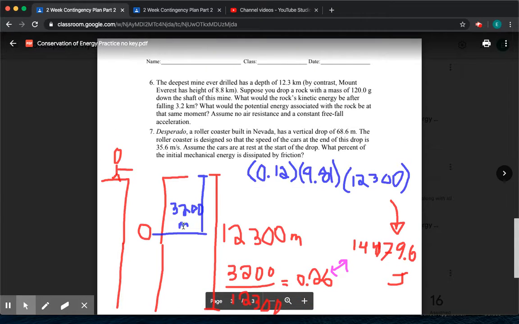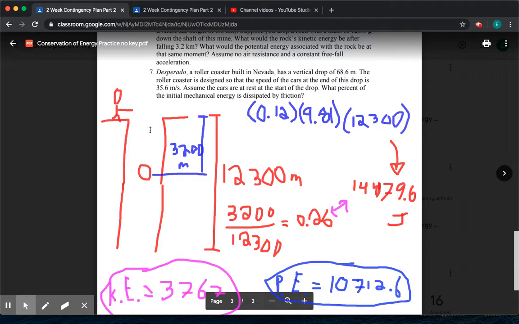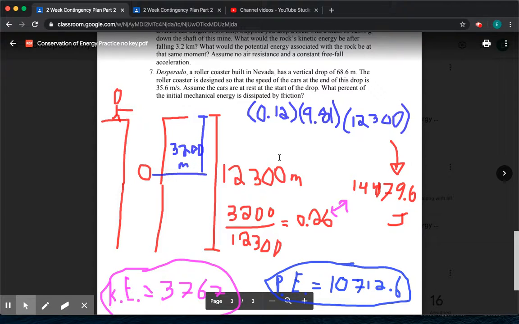The shaft is this tall. You drop a rock at this point. What's the KE? What's the PE? How did we do it? We found the PE total. This right here is how much potential energy you have at the maximum height.